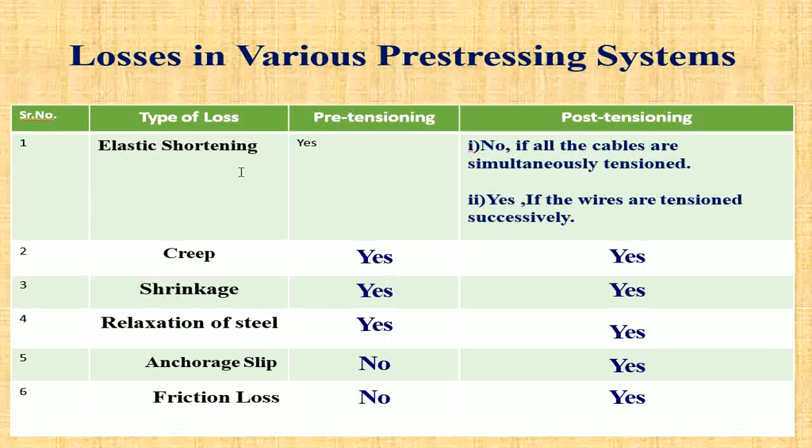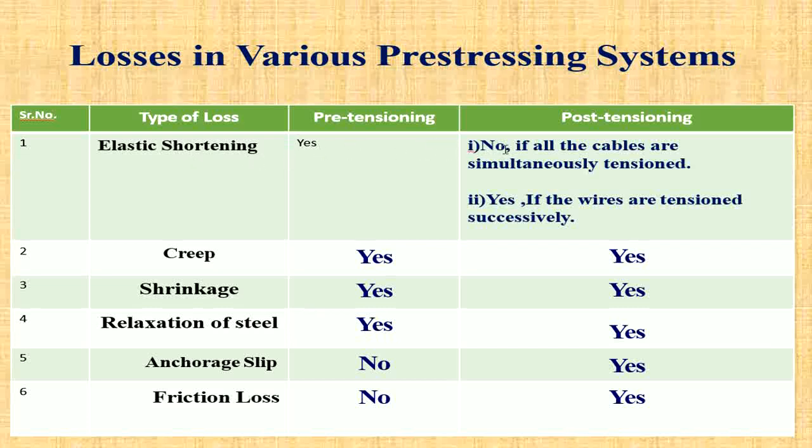So here we have already studied the classification of these various losses. Then there are totally 6 losses we consider in the design. First one is elastic shortening. In pre-tension members, the elastic shortening is considered.